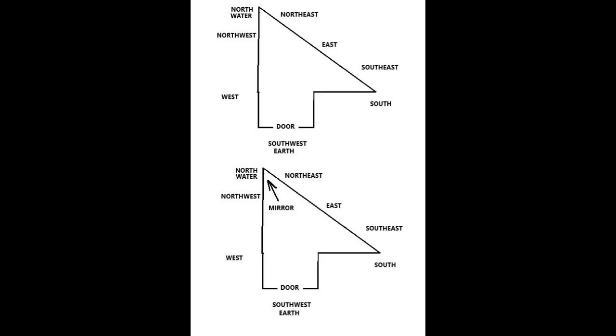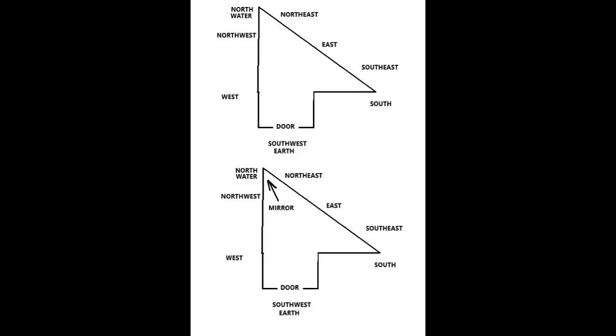Because in the generation cycle, the element fire, represented by the overall shape of the apartment, generates the element of earth that rules the apartment because of the southwest door direction, and because the element earth destroys the element water from the destructive cycle, the apex does not merely aim at the north, it actually attacks the north, which is the water element.